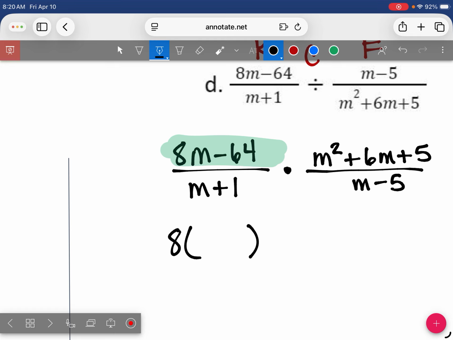Which means you're dividing 8m by 8 and 64 by 8.